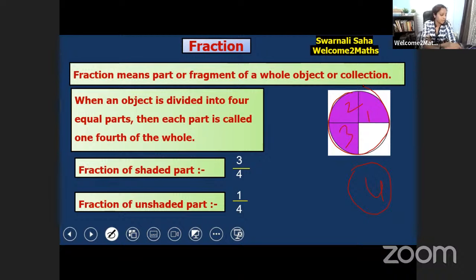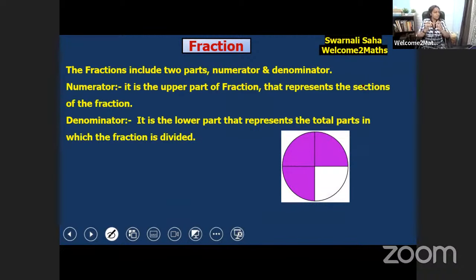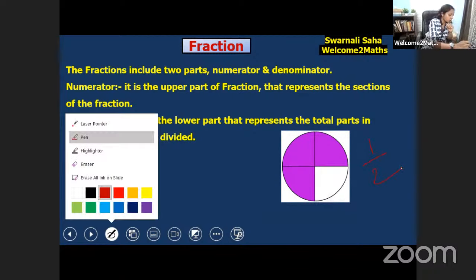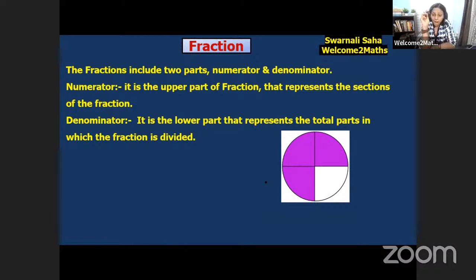Now let's learn more about fraction and then we'll solve the question. The fractions include two parts, as we have already seen, 1/2 or 1/4. In a whole number there is only one part, just like 12, 13. But in a fraction, there are two parts, called the numerator and the denominator.